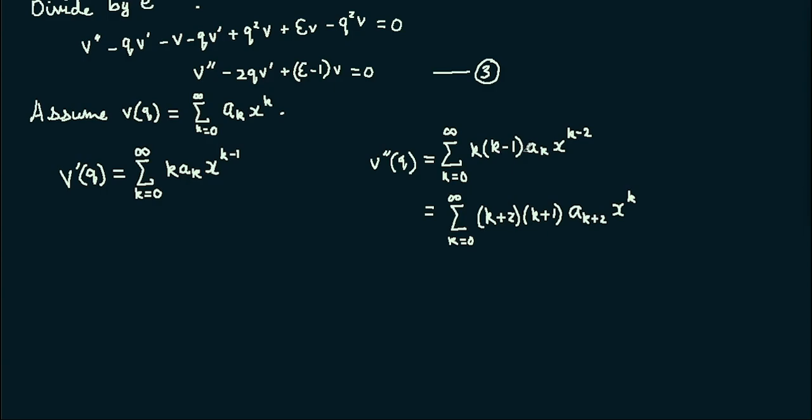So here we have just incremented 2 to our k's everywhere. So that's why these two sums are equivalent. So with this in mind, we have both v prime and v double prime.